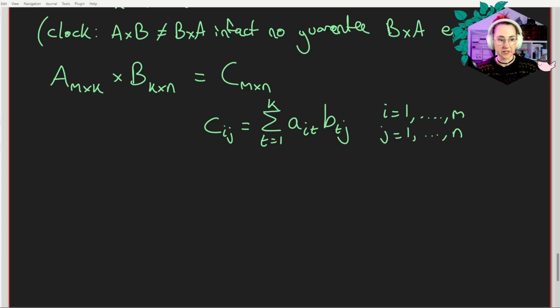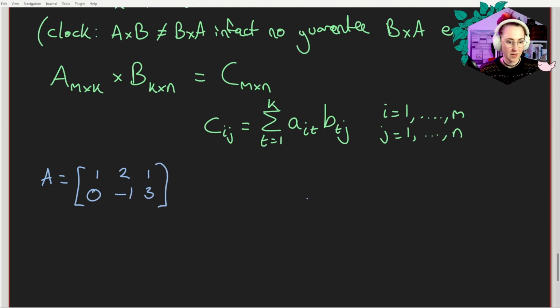That's gross, let's do an example. It's one of those things where Einstein notation is fab if you're very familiar with it, and is an absolute nightmare and a bit scary if you're not. So let's do an example. We have the matrix A as 1, 2, 1, 0, minus 1, 3. This is a 2 by 3 matrix, which means that we need a 3 by something.